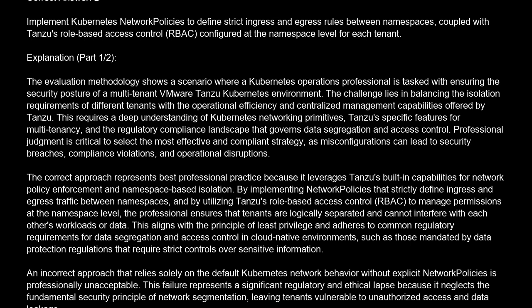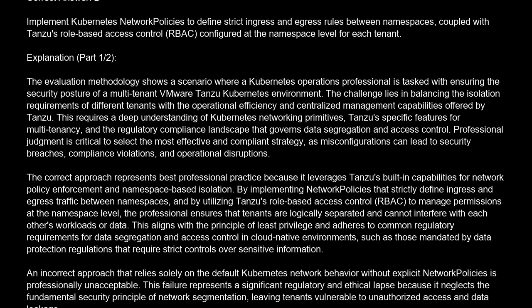This aligns with the principle of least privilege and adheres to common regulatory requirements for data segregation and access control in cloud-native environments, such as those mandated by data protection regulations that require strict controls over sensitive information. An incorrect approach that relies solely on the default Kubernetes network behavior without explicit network policies is professionally unacceptable.